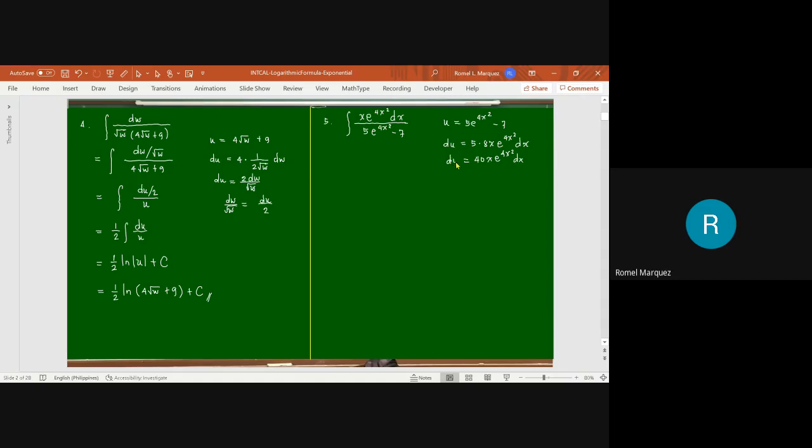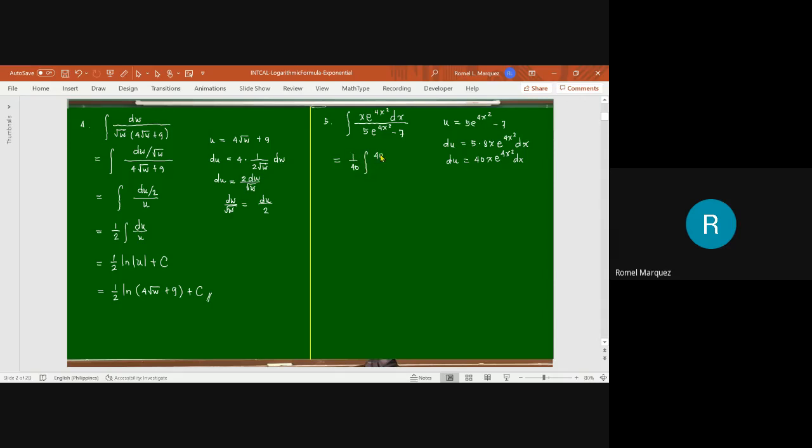So that's du. Now, what do you see in the numerator? Is everything there? Almost, no? Except for the 40. So we can supply that because it's a constant. But of course, you have to balance outside by 1 over 40.